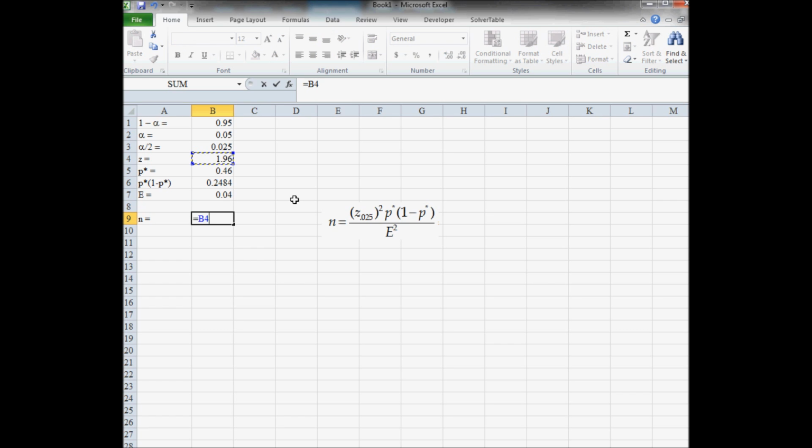We square 1.96, multiply that by p star times 1 minus p star, and then divide that by the desired margin of error squared. So we have z squared times p times 1 minus p divided by margin of error squared. Then we round that up to the nearest integer, 597.